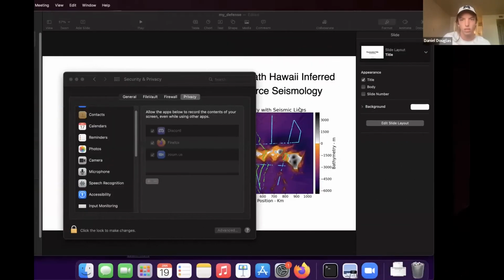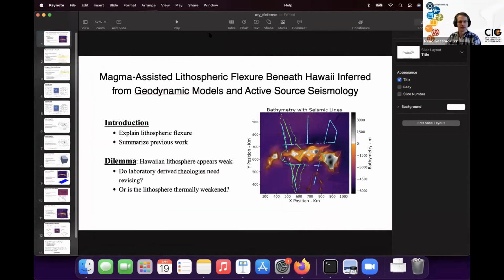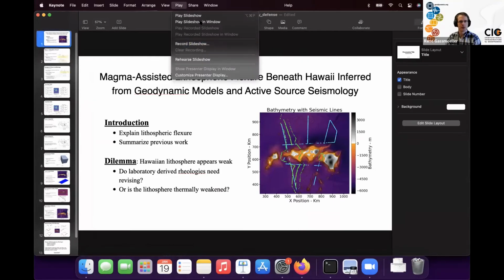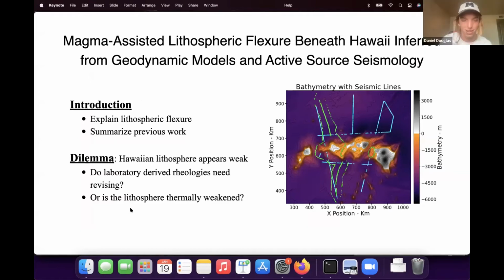I got a new laptop and I need to give it permission for Zoom. Do you see that okay? Yeah, not yet as full screen, but there we go. That looks good. Yes. Okay. Cool.